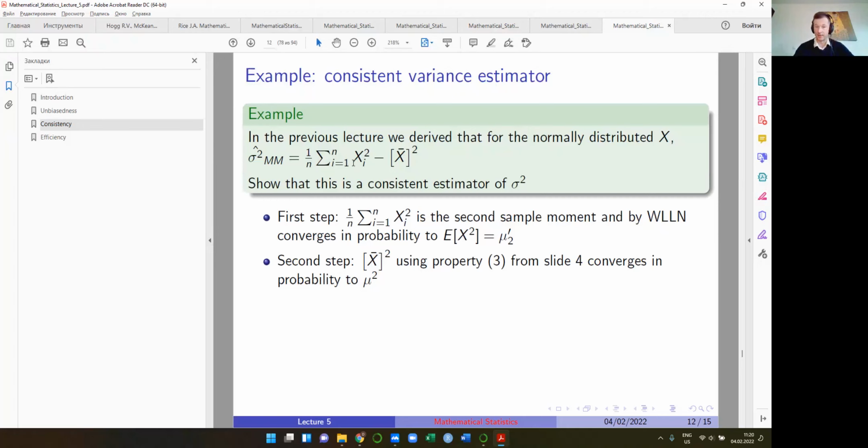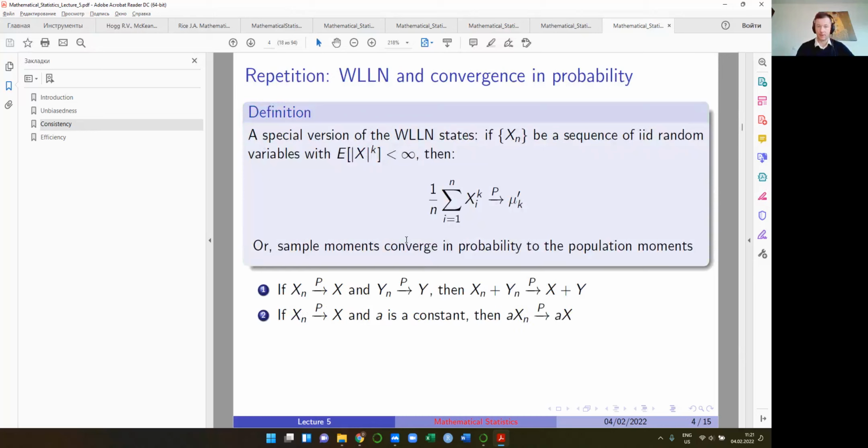So I know that this converges to E of x squared. I know that this converges to mu squared. Now I know that there is property number 1. So what is property number 1? Well, if one variable converges to something, and another variable converges to something, then their sum converges to the sum of these somethings.